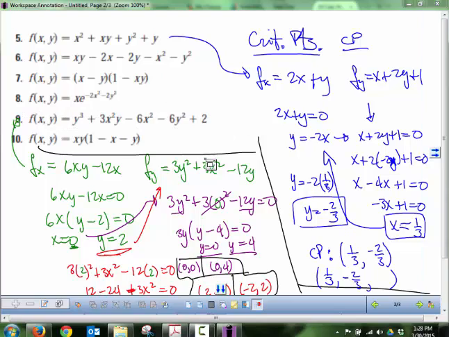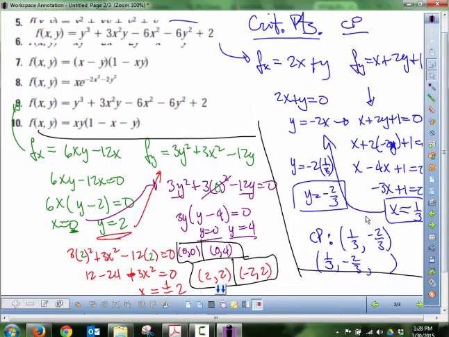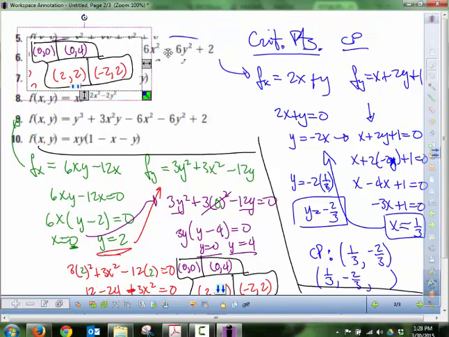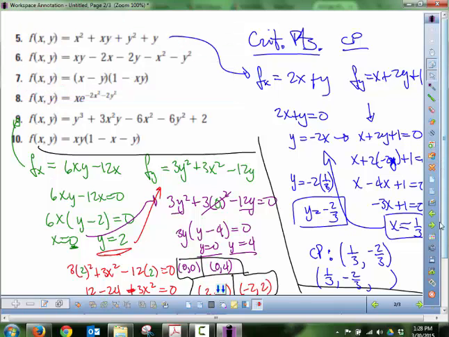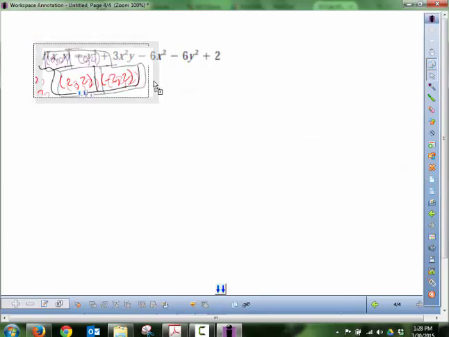The question is usually said, find and classify the critical points. When you classify the critical points, you're actually finding out whether they're max or mins or saddles, or maybe you just don't know what they are. So let's do another example.